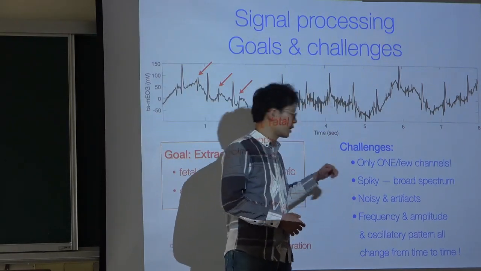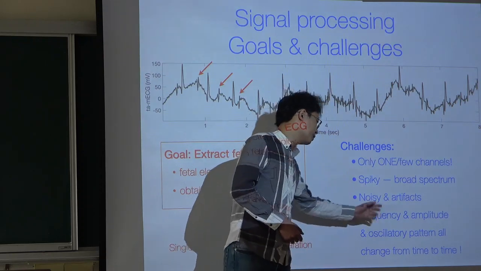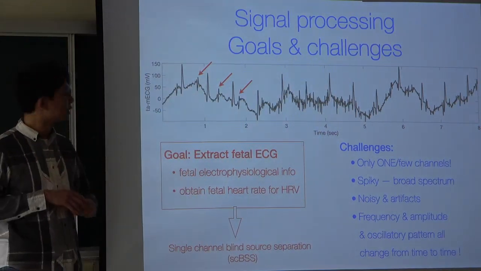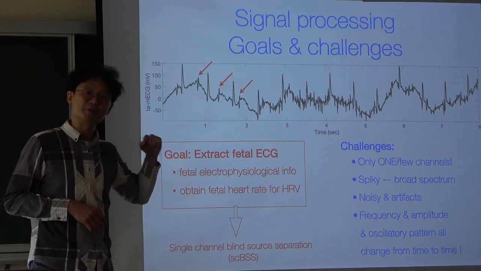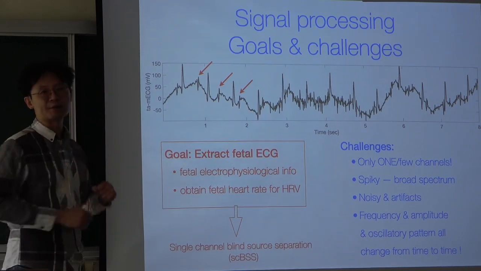You have noise and artifacts, which may be non-stationary; frequency, amplitude, and oscillatory patterns all change from time to time. How to achieve this kind of signal decomposition, or single channel blind separation, is our challenge.